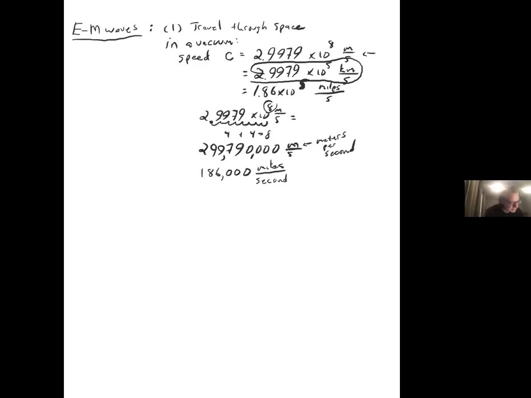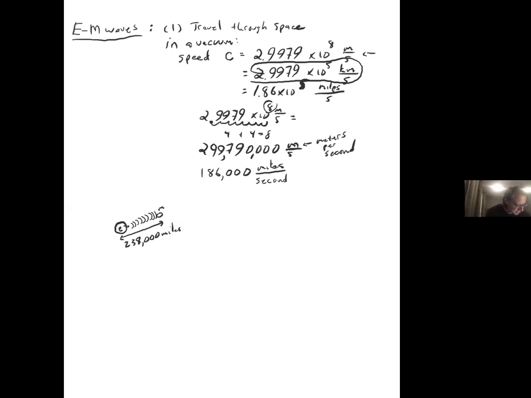And so just to put that into perspective, if you look at the Earth and you compare that to the moon, the average distance between the Earth and the moon is about 238,000 miles. That means that if you turn on a light on the Earth and the light waves move toward the moon, they move at a speed of about 186,000 miles per second.